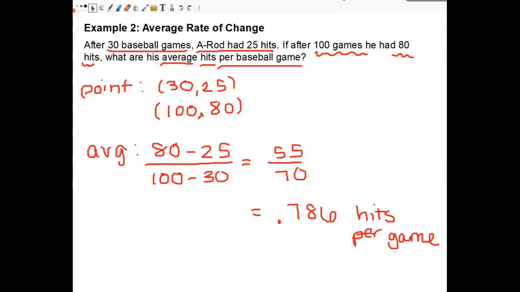So what that means is that on average, he has a 78% chance of getting a hit per game.